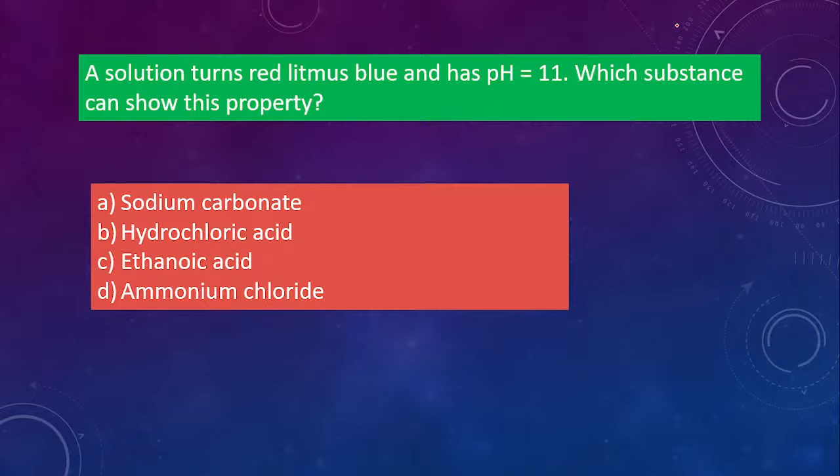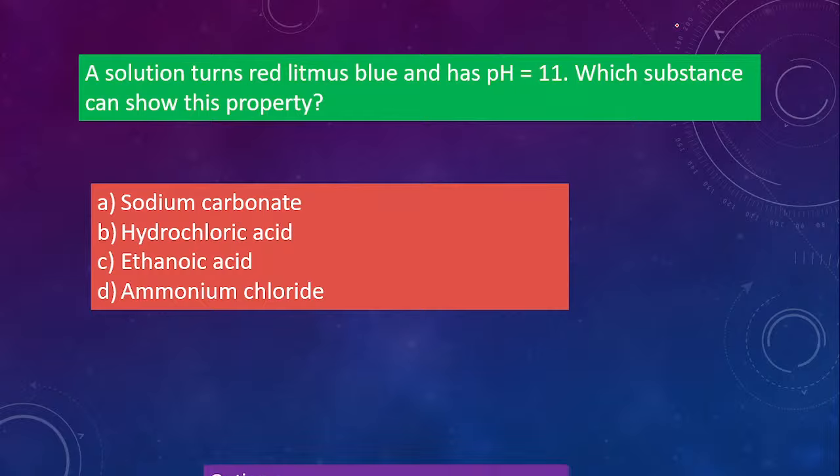Yeah, now we are going for D, ammonium chloride. pH 11. Okay, for acid it is less pH, and for base it is higher pH. That is pH 11, that means we are talking about a base. Now you find out which one is the base out here. Sodium carbonate, hydrochloric acid, ethanoic acid, ammonium chloride. Tell me.